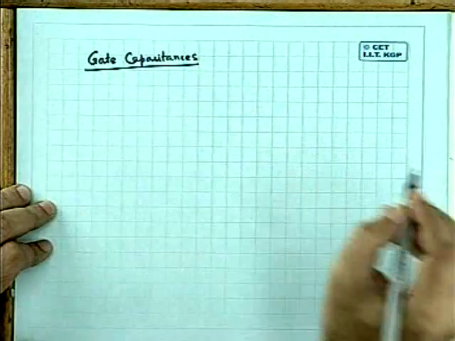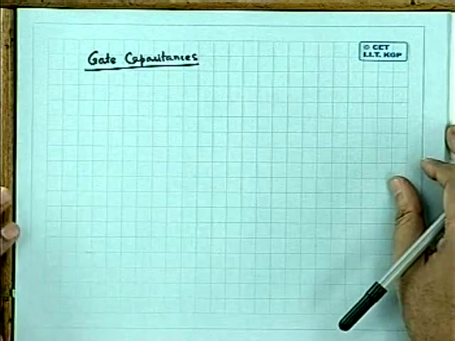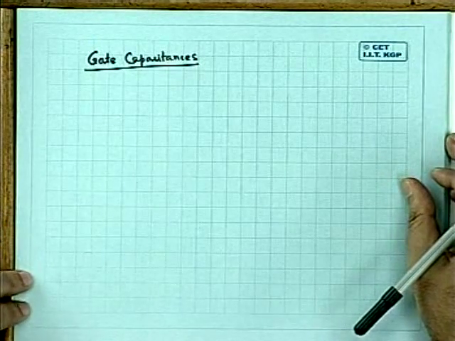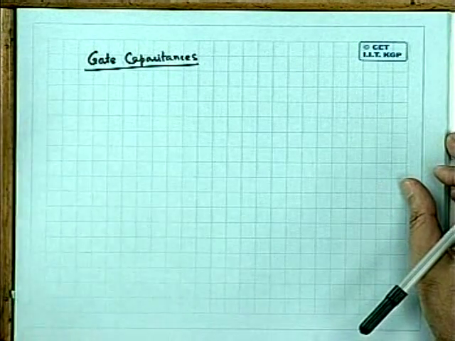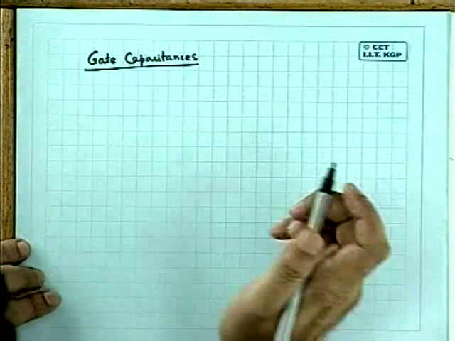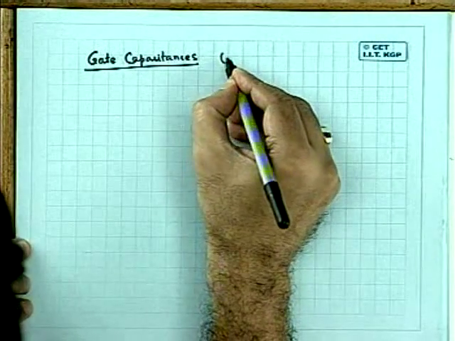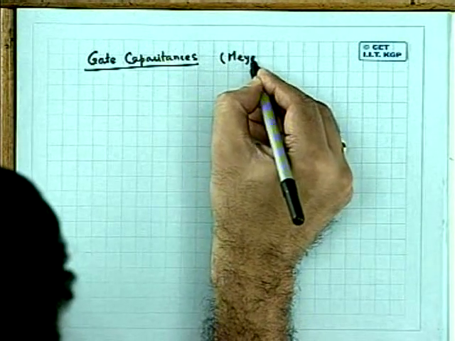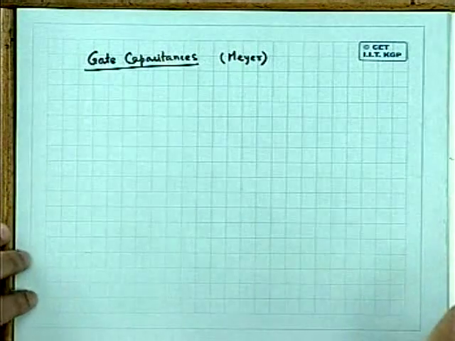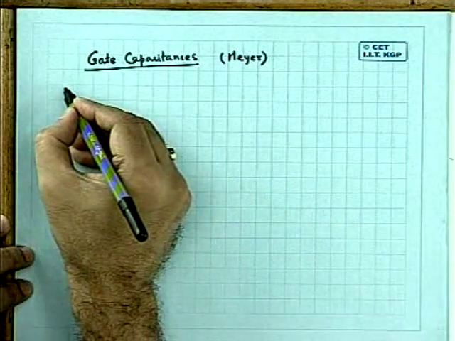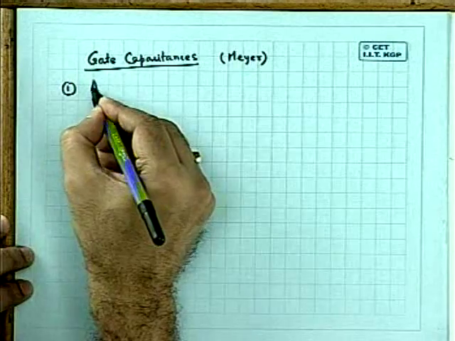These gate capacitances are predominantly MOS capacitances, but then there will be some depletion layer capacitances involved. This is due to Meyer. First case is accumulation.